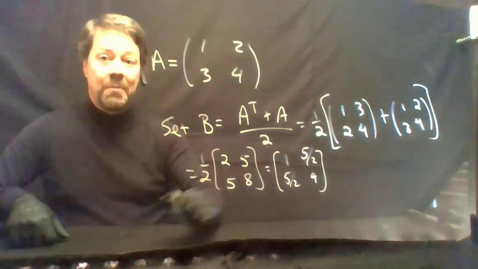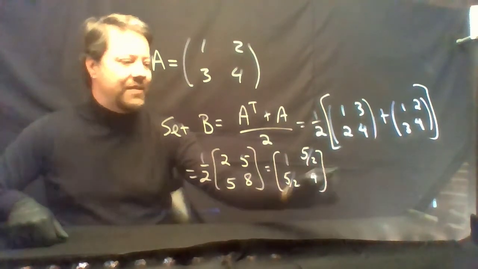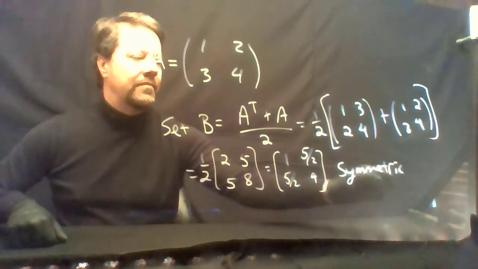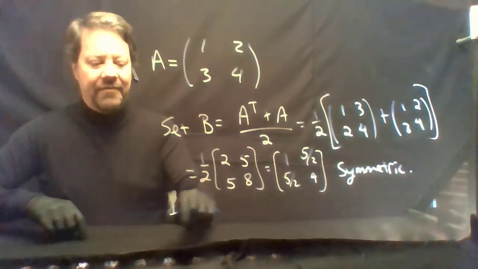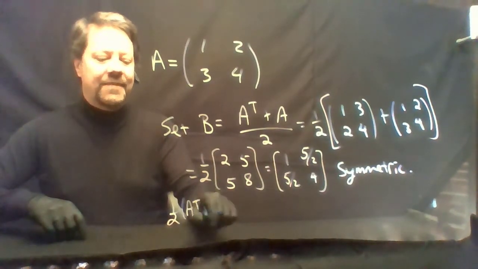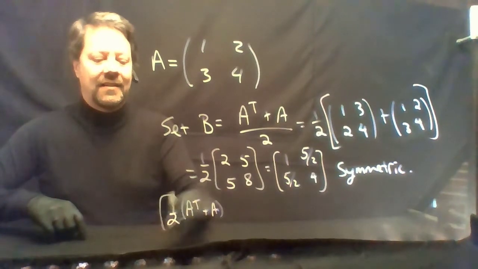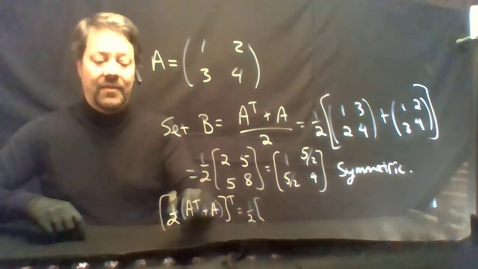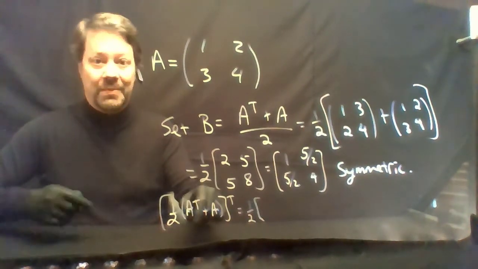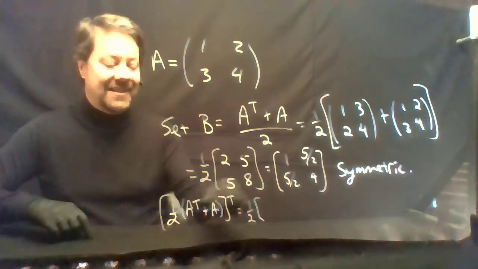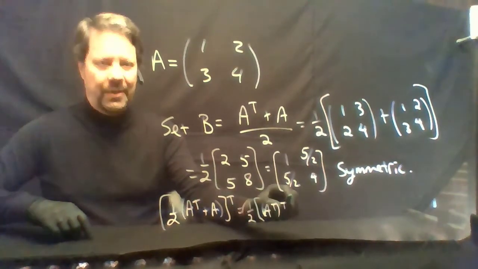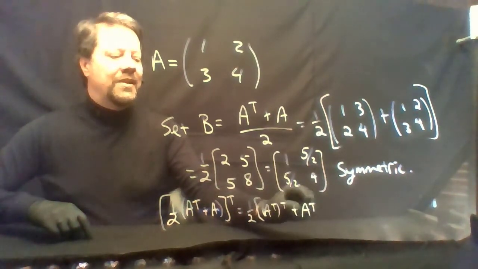Note that B is symmetric. Because if I have 1/2 times A transpose plus A, and then take the transpose of that, the 1/2 comes out, just being a scalar, and I get A transpose transpose plus A transpose.